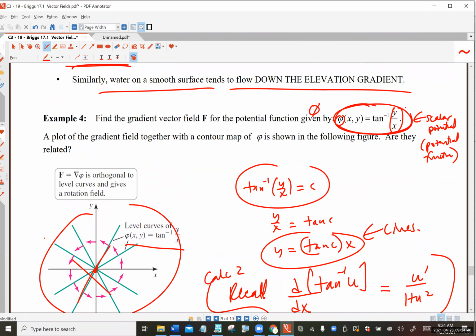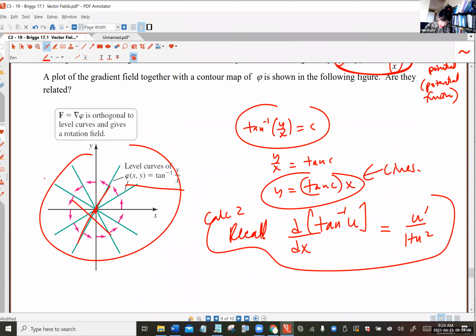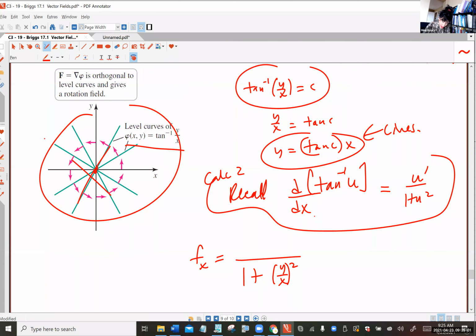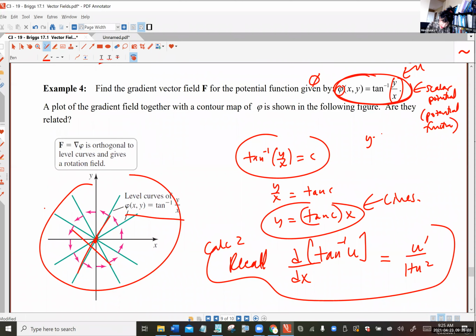So if your u is y over x, and you're taking fx, differentiating with respect to x, you're going to get 1 plus u squared. And then the derivative of y over x, if I rewrite that as y x to the -1 and take the derivative with respect to x, you'll get y times -1 times x to the -2.